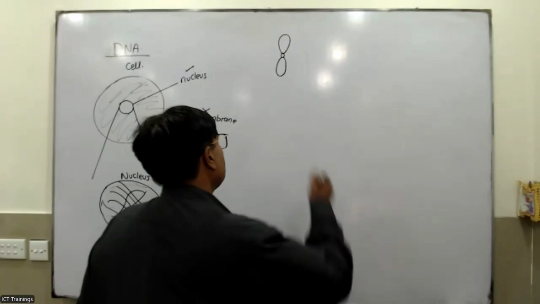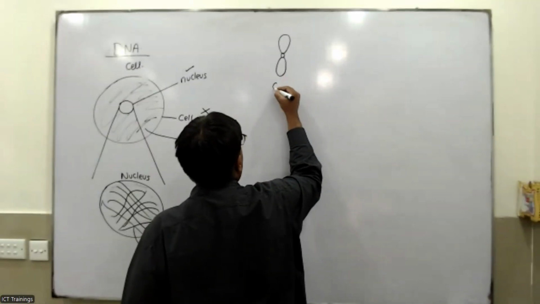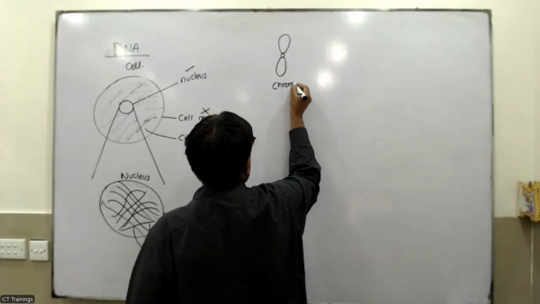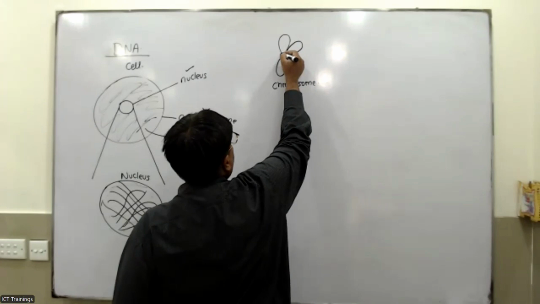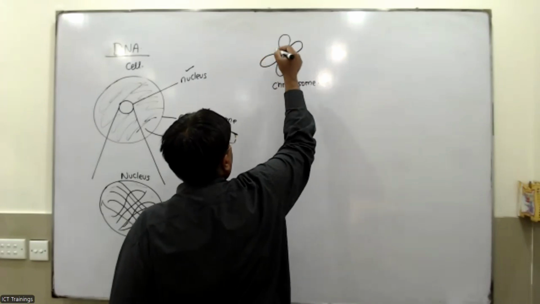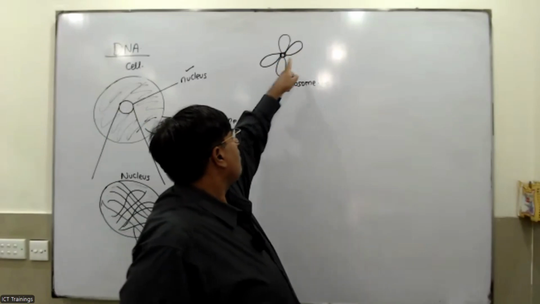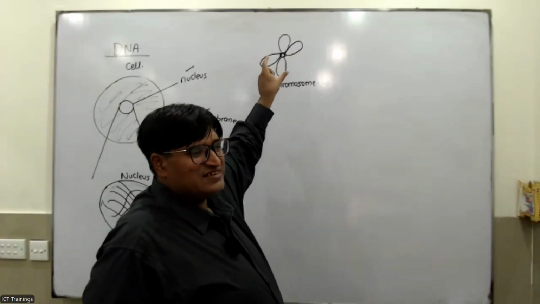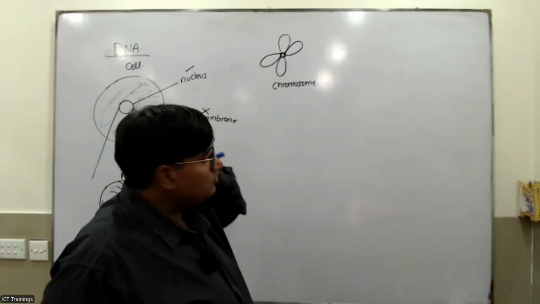A p orbital type of thing is called the chromosome. Here is another p orbital. Basically, this is a d type of orbital. So this is called the chromosome.